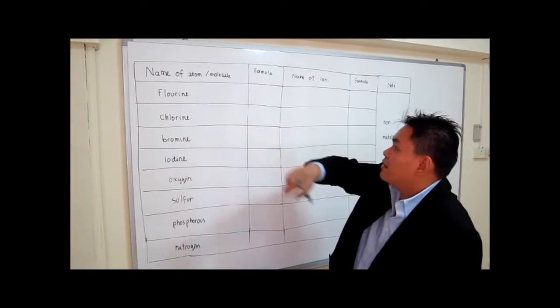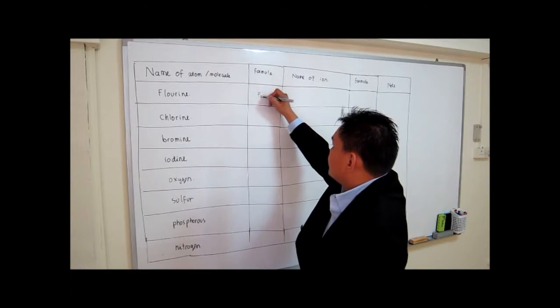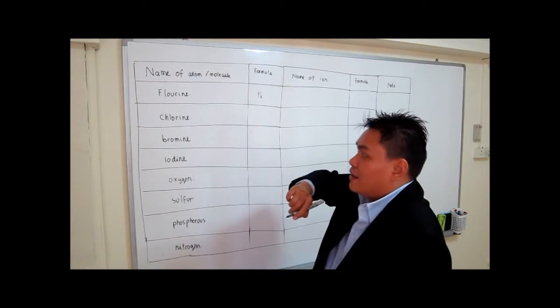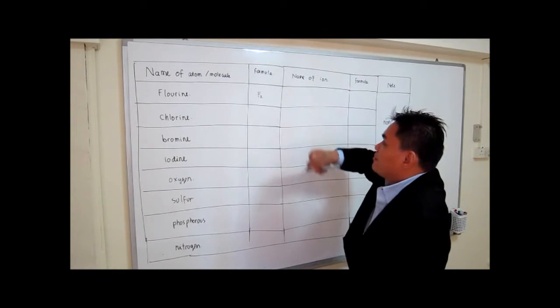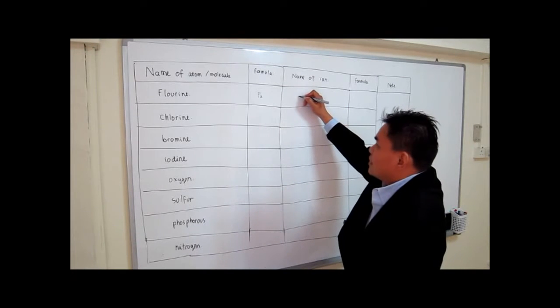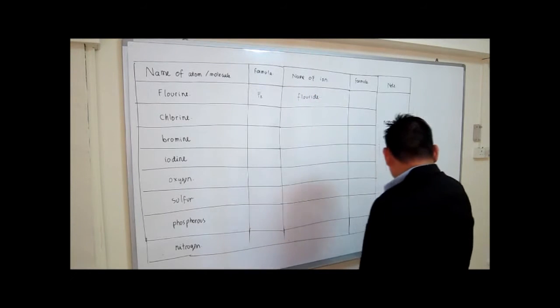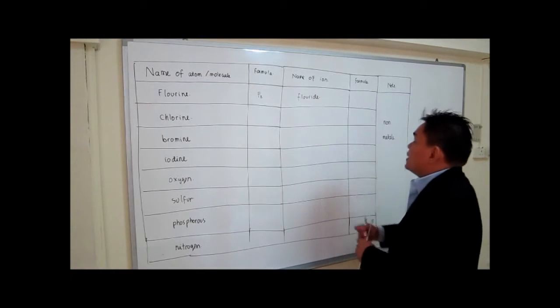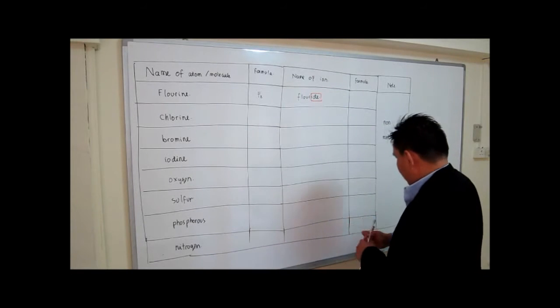So if the name of the atom is fluorine, and the formula for that is F2 because it's a diatomic molecule, so the name of the ion will be slightly different. We call it fluoride. Ends with IDE.